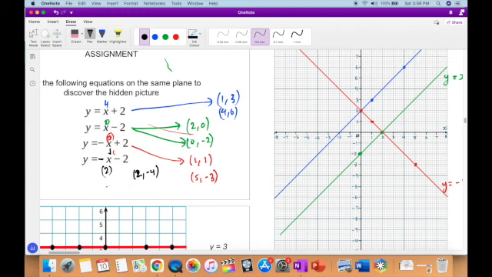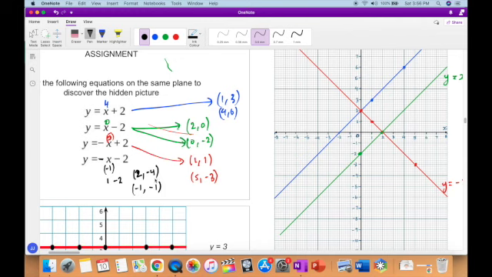And now let's choose x to be a negative number. Let's choose x to be negative 1. Because I'm choosing x to be negative 1, I'm putting that in the equation. So minus negative 1 is positive 1, minus 2, which is negative 1 again. 1 minus 2 is minus 1.